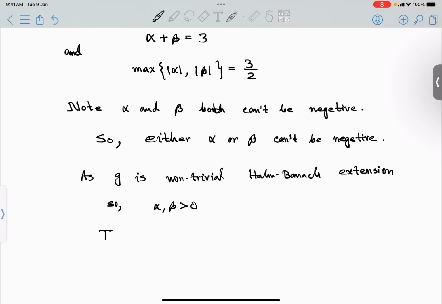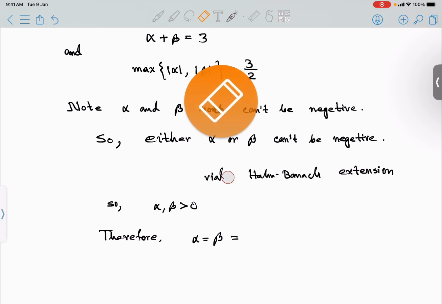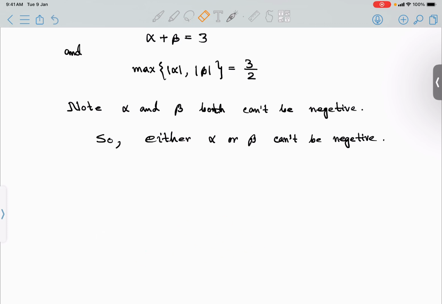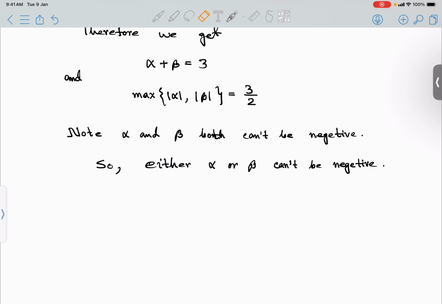So therefore alpha equals beta equals 3 by 2. Also alpha and beta can't be 0, right? From here, if alpha is 0, then beta is the whole thing, so alpha or beta cannot be 0.